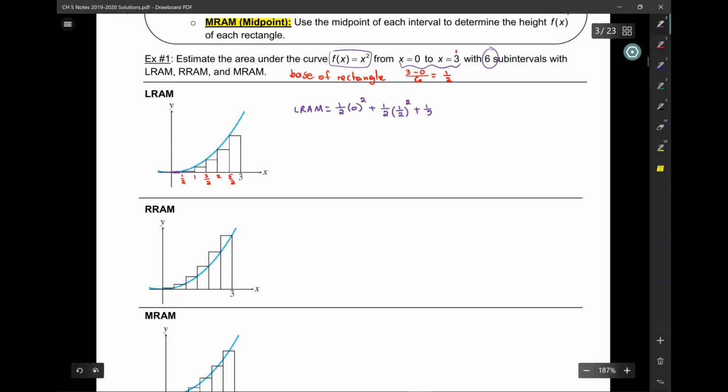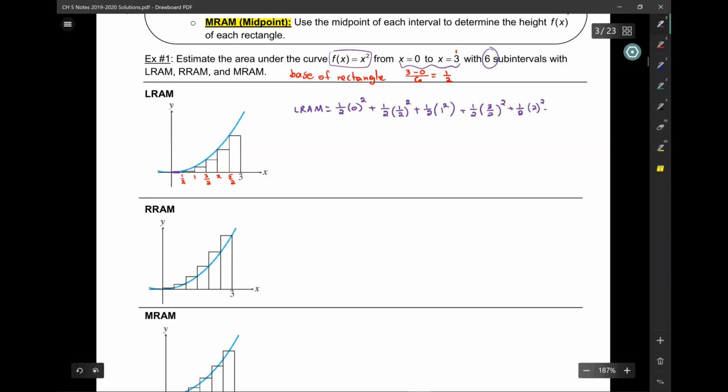Plus 1/2 times, now I'm on the third rectangle, 1, 2, 3. The left endpoint is 1 squared. Why squared? Because it's f of x equals x squared. Plus 1/2, 3 over 2 squared. Plus 1/2, 2 squared.